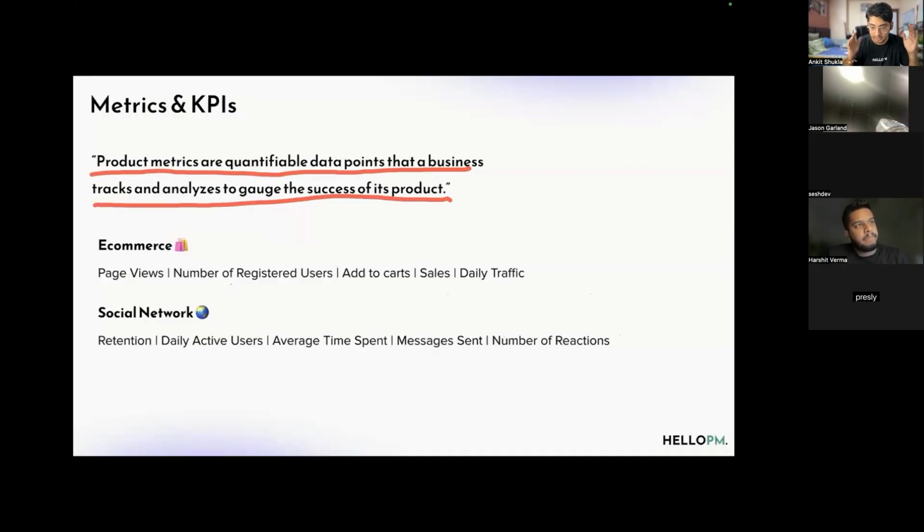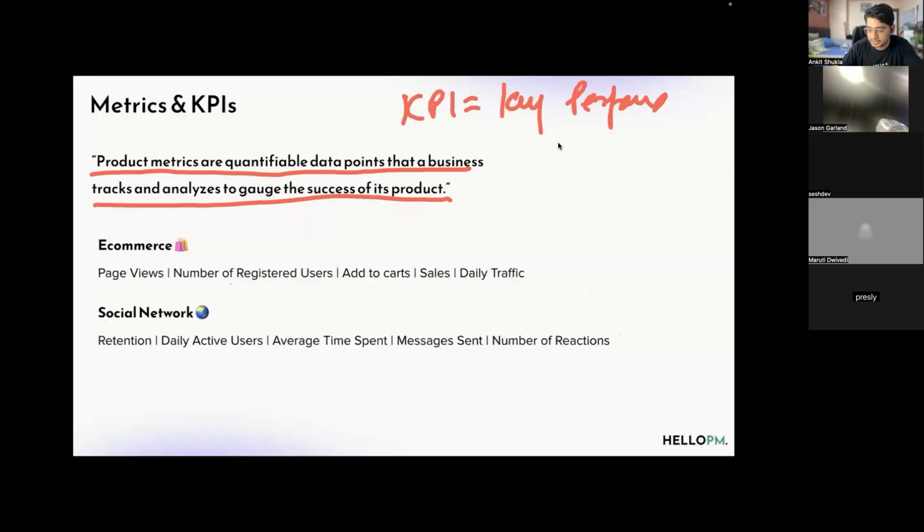However, KPIs are important metrics, which means that all KPIs are metrics, but all metrics are not KPIs. KPIs stand for key performance indicators.